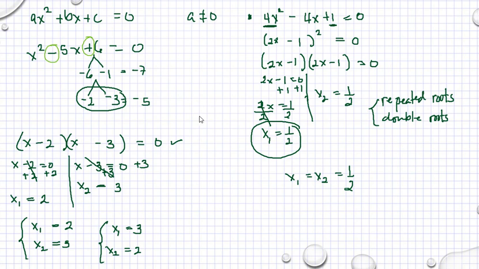I will give some more examples. Here is another example. 6x squared is equal to 11x plus 10. Our general form is in this form: ax squared plus bx plus c is equal to 0. So we need to transform this equation so that it will look like the general form.